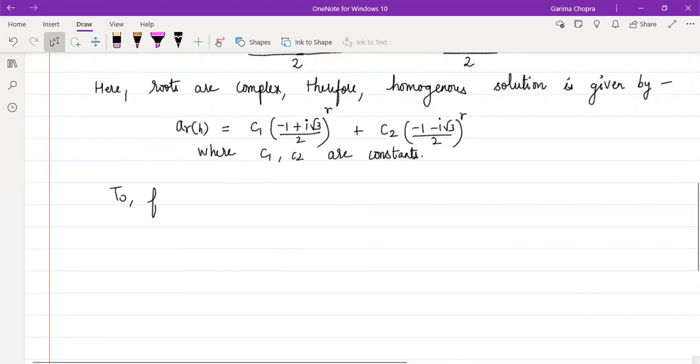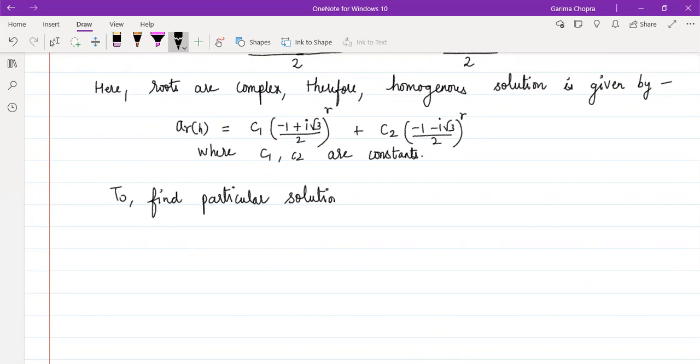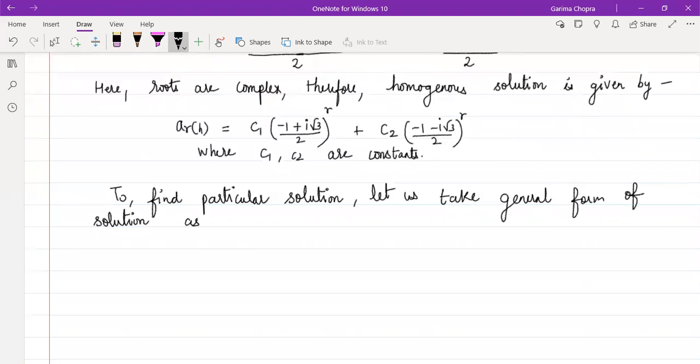To find the particular solution, let us take the general form of solution as a plus b r.